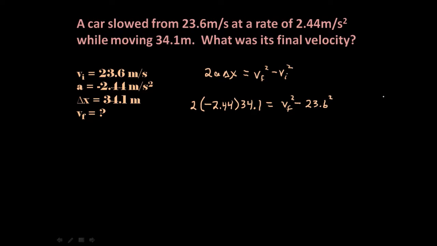Now if you had trouble bringing it up to this point, you can pause the video again and see if you can work your way all the way through the algebra. So on the left side here, we would have negative 166.4 equals final velocity squared, don't drop that squared, minus 23.6 squared, which is 556.96.